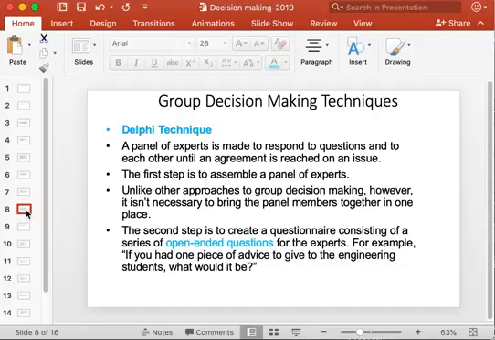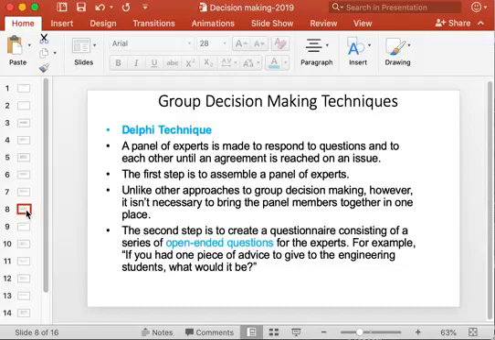However, it is not necessary to bring the panel members together in one place. The second step is to create a questionnaire consisting of a series of open-ended questions to be asked to the experts.